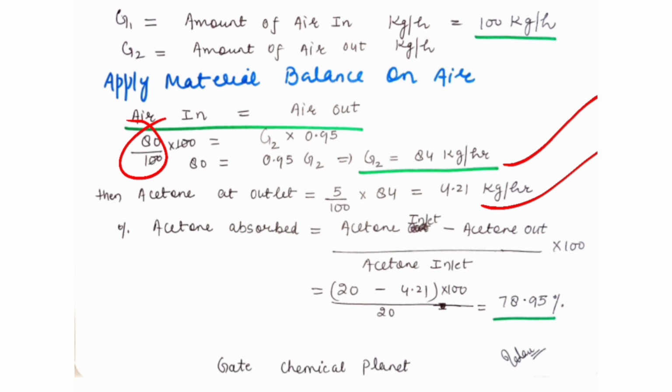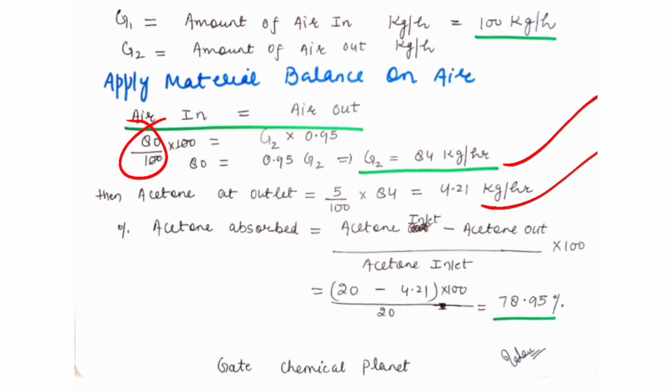So now we will calculate the percentage of acetone which is absorbed. The percentage of acetone absorbed by water is equal to the acetone in the inlet minus the acetone in the outlet, divided by the acetone inlet, into 100.